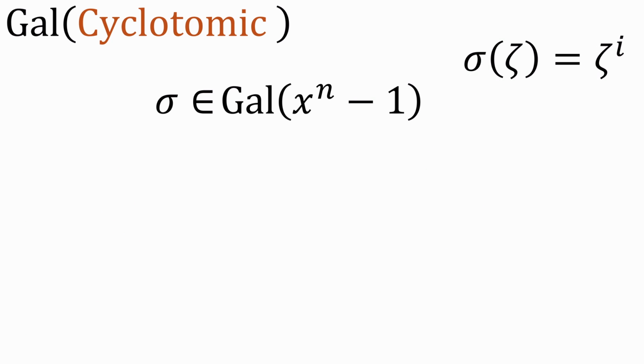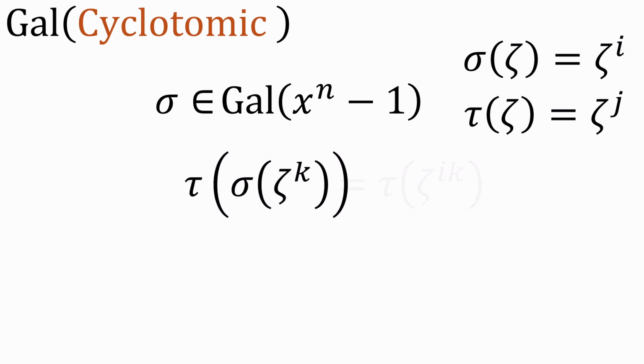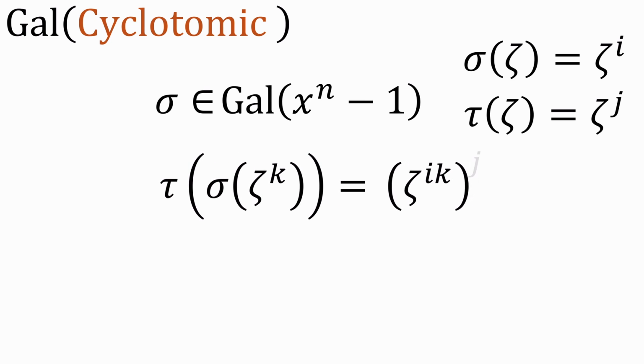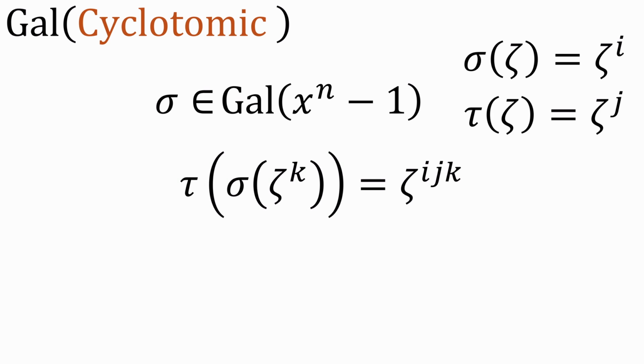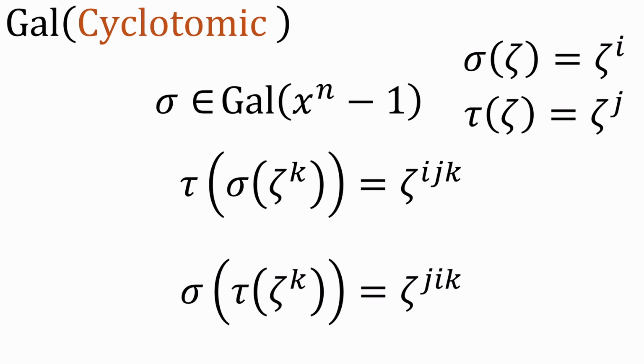Suppose we have some other automorphism, tau, which takes zeta to the j. The integer value of j fully determines tau. Now let's see what happens when I apply sigma and tau to some arbitrary root, zeta to the k. If we apply these permutations in the other order, we get the same result because multiplication is commutative.